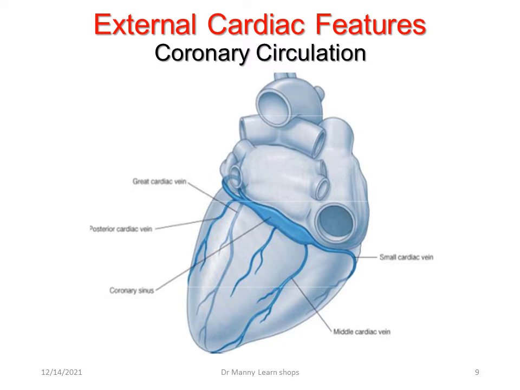As you can see, you've also got other veins, like the posterior cardiac vein, but essentially the great cardiac vein, small and middle cardiac veins, and the coronary sinus are posterior.